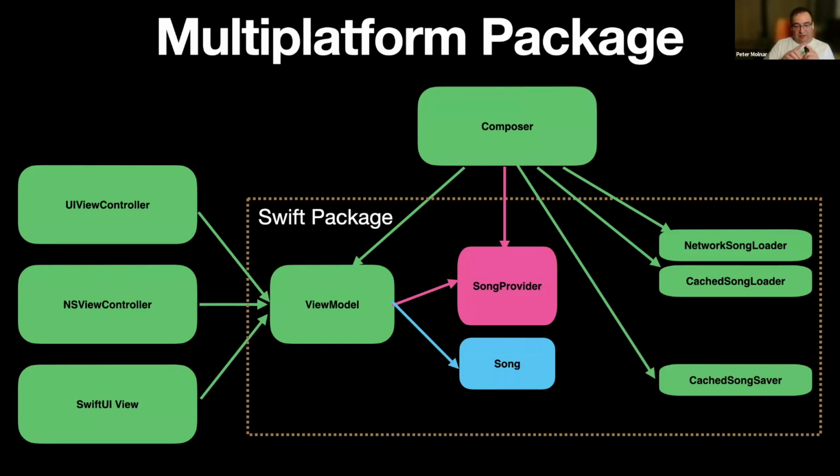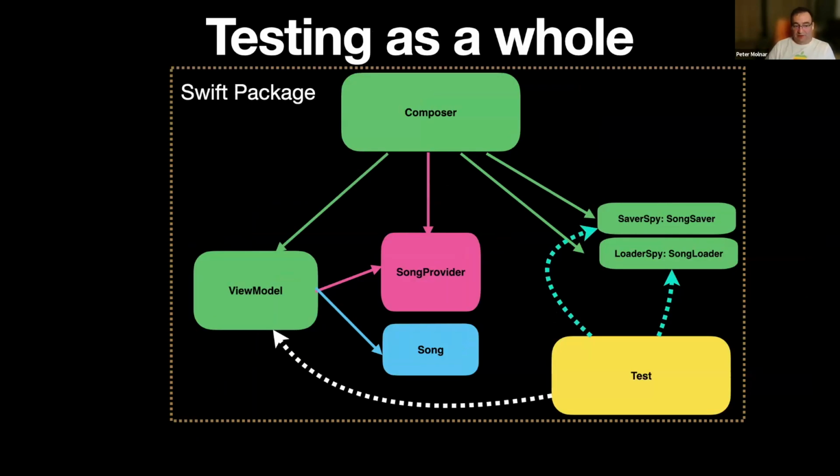And as you can see, everything else can be packed into the Swift package as part of the code base modularization. Finally, if I move the composer into the package, I can inject a spy for loading and saving functionality and assert data changes by driving the whole composition via the view model in my unit tests.